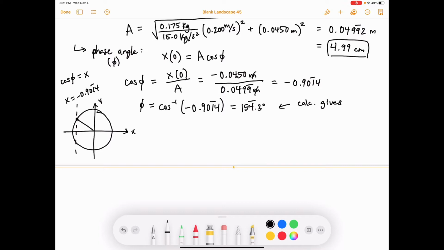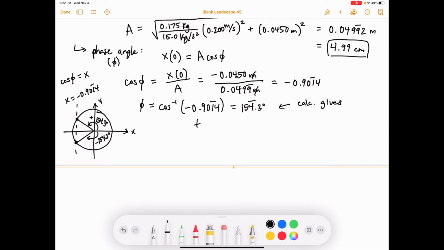What I'm trying to get you to see here is that there are two angles that could work. This one right here is 154.3 degrees. That's what the calculator told us, positive. But the thing is, we could also be down here, and it would work just as well. That would be the negative angle, negative 154.3 degrees. So we really don't know which one is correct, okay?